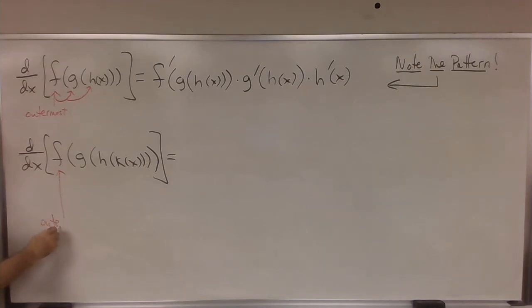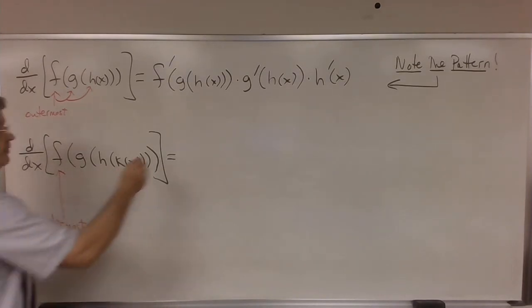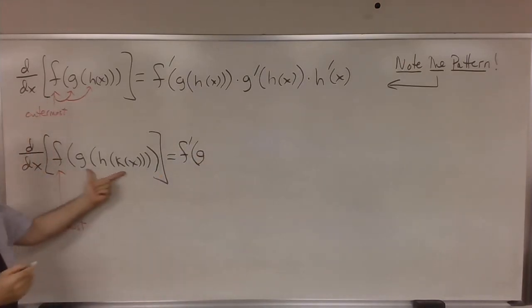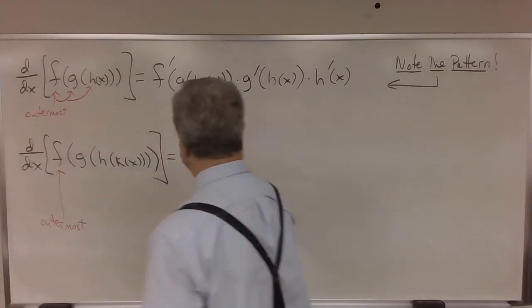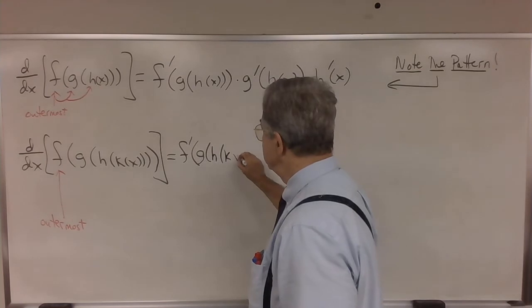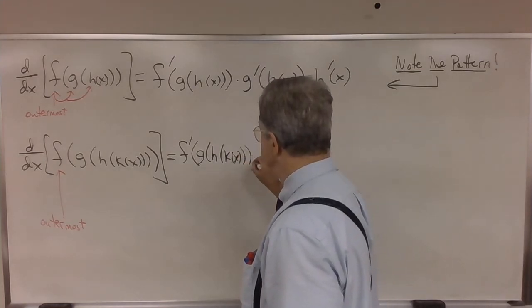So here's the outermost function. And we compute the derivative of the outermost function evaluated at everything inside. So derivative of the outermost function evaluated at everything inside. So that would be g evaluated at h, evaluated at k of x.